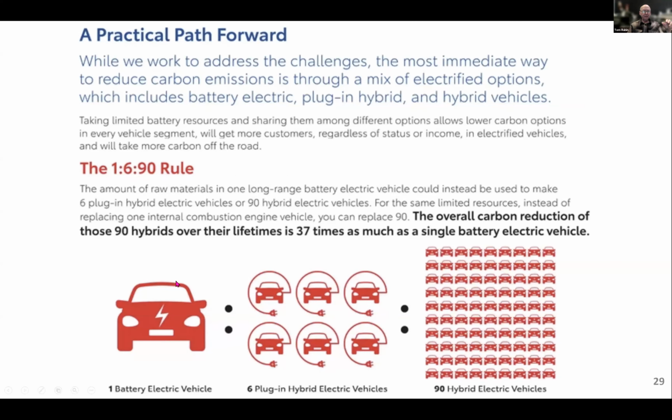They've come up with the 1-6-90 rule, and they say the raw materials for one long-range battery electric vehicle could instead be used to make 6 plug-in hybrids or 90 pure hybrids, not plug-in.